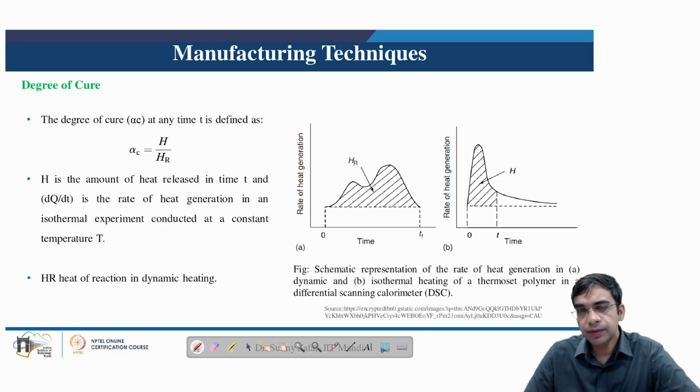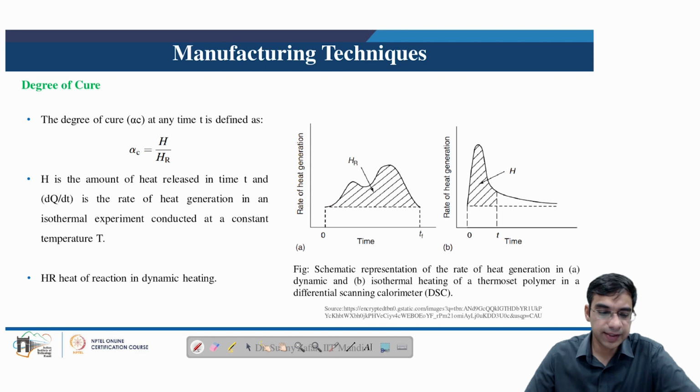As we are dealing with thermosets, it is very important to estimate how much of the thermoset has cross-linked in the complete part. This is estimated by a parameter known as the degree of cure.